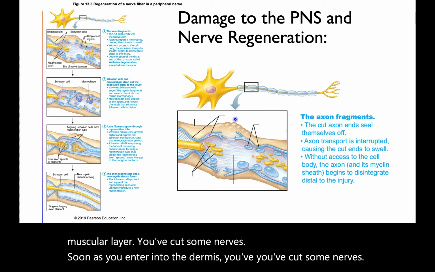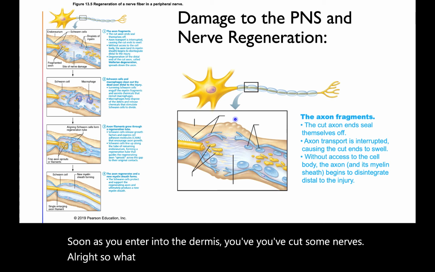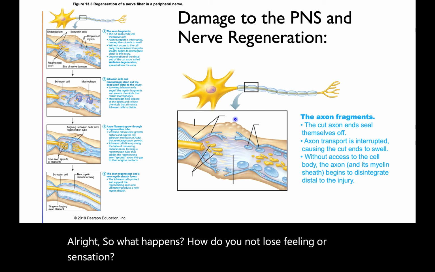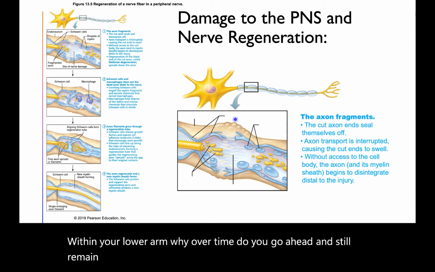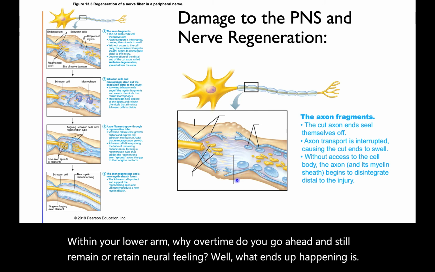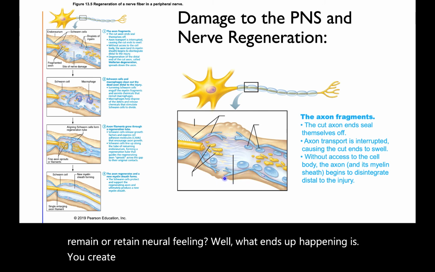Right? So what happens? How do you not lose feeling or sensation within your lower arm? Why over time do you go ahead and still remain or retain neural feeling? Well, what ends up happening is you create this bulge, all right, around the area that was cut.